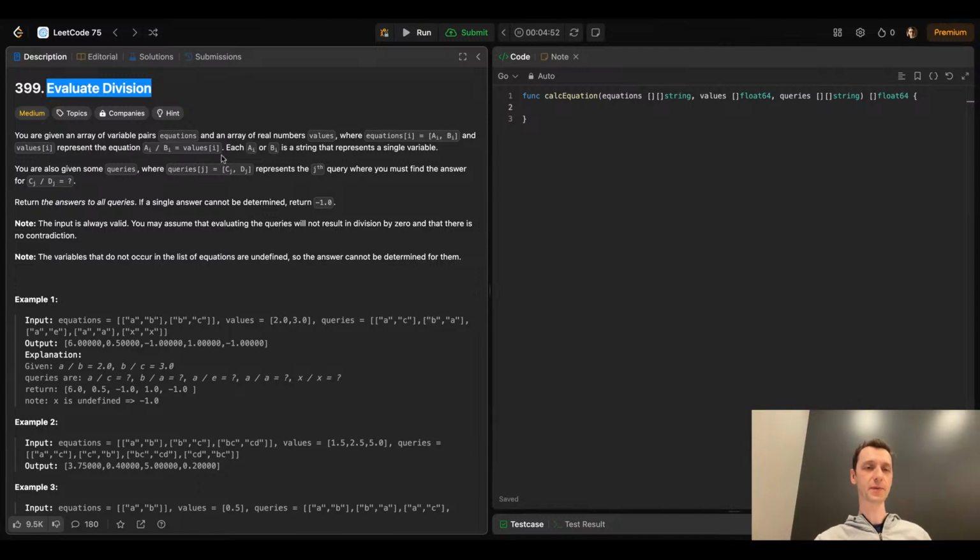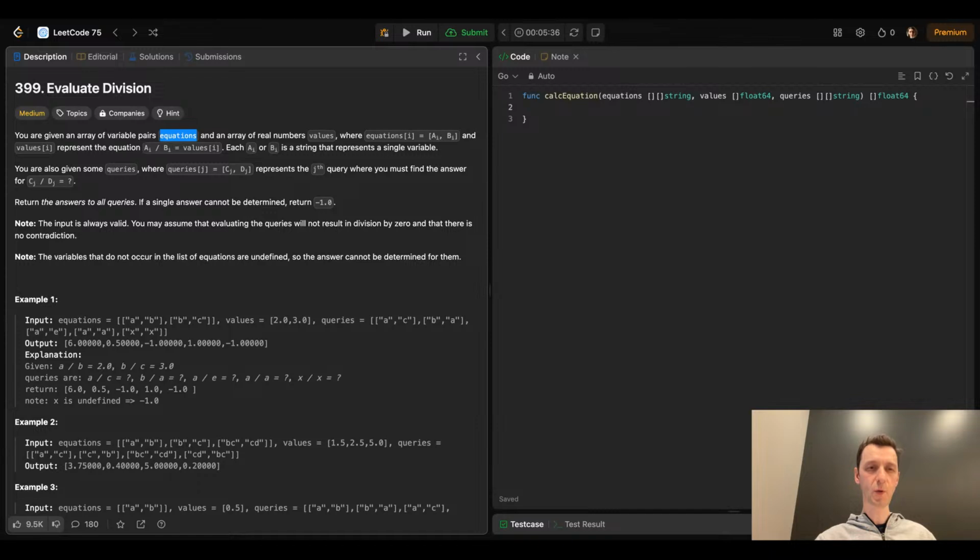You're given an array of variable pairs, like AB, BC. Those are variables. And an array of real numbers, values. Those are actually float64 types. The pairs are equations, and the values represent each equation.